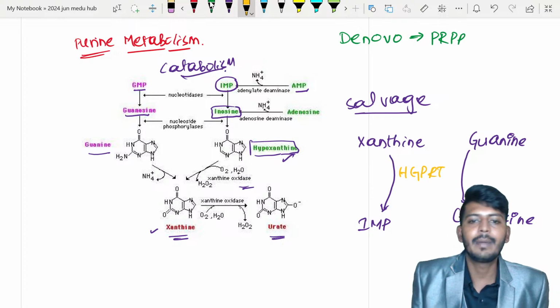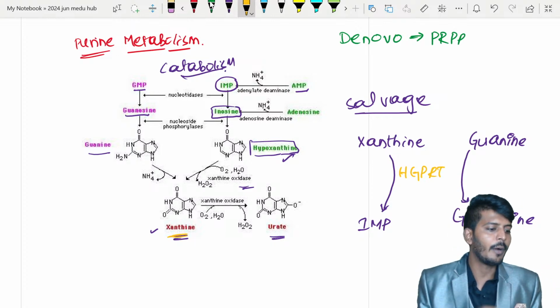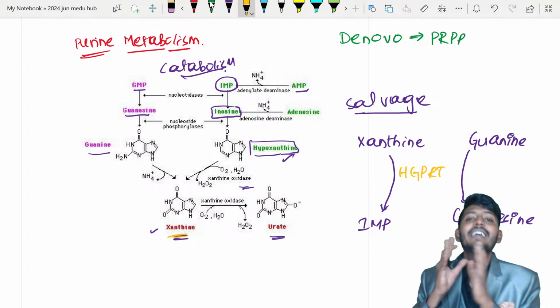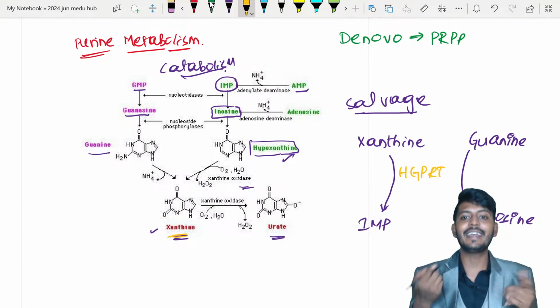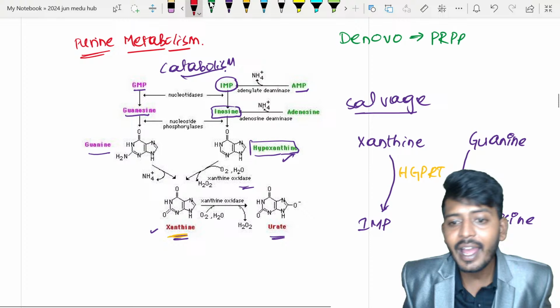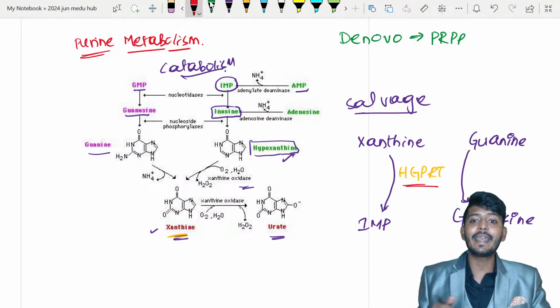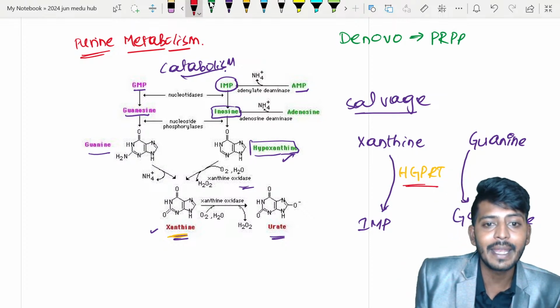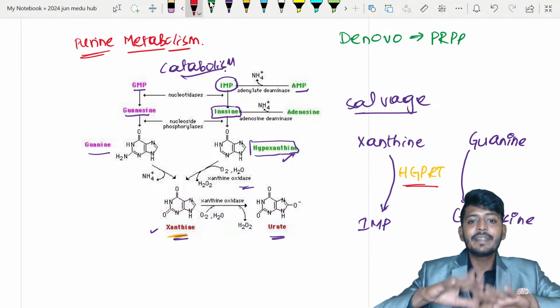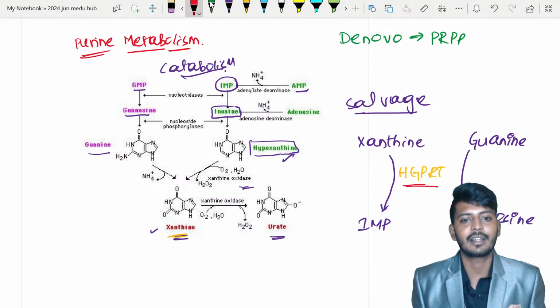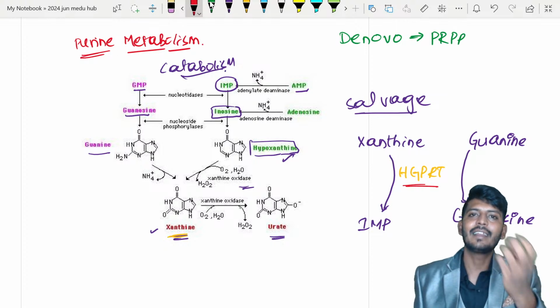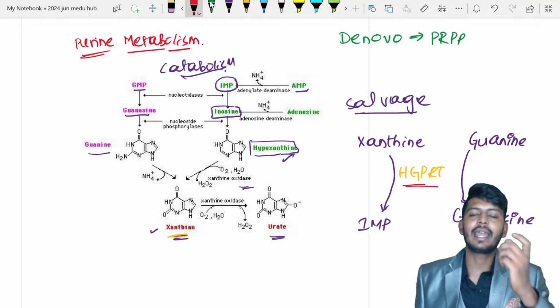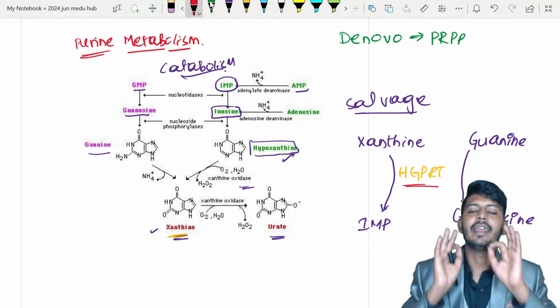Normally xanthine would have been a waste product, but instead of wasting it, हमारे पास HGPRT है. This HGPRT will again make IMP. IMP से फिर से वापस adenosine बना सकते हो. So simple as that.